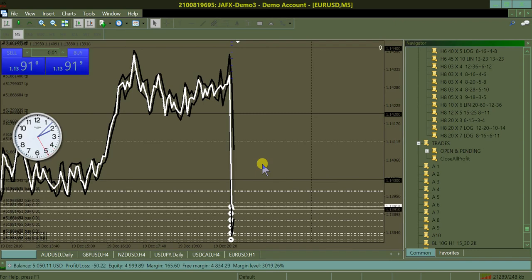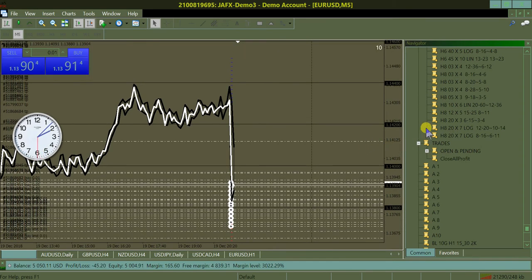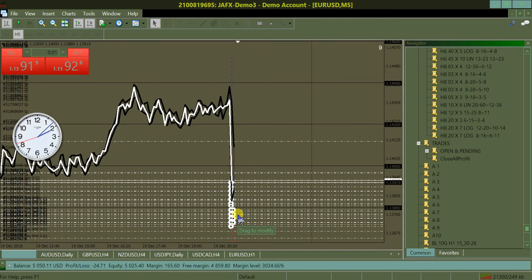So here's the new lows we'll be buying on limits. So I'm going to put them in tighter now. Okay.